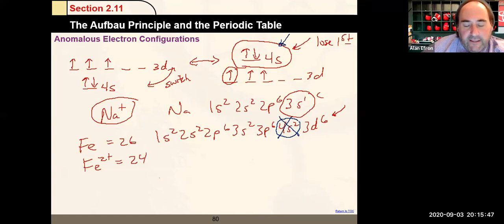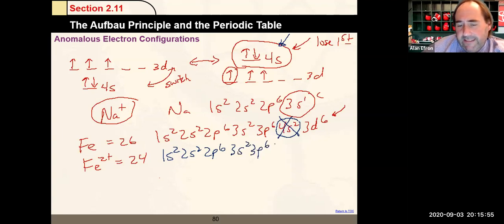And that will give us an electron configuration of 1s2, 2s2, 2p6, 3s2, 3p6, 3d6. And again, if you wanted to do your noble gas configuration, it would be argon 3d6 in this case.